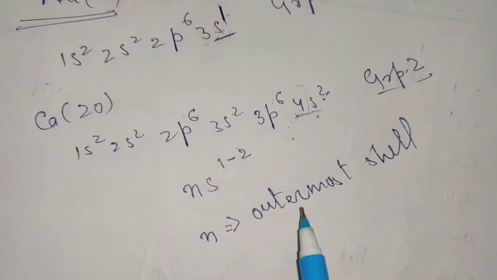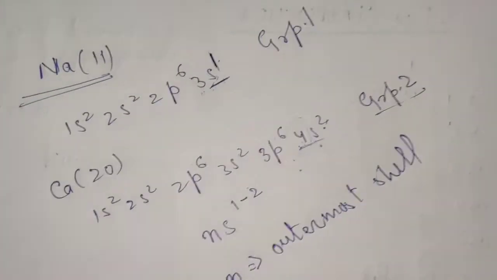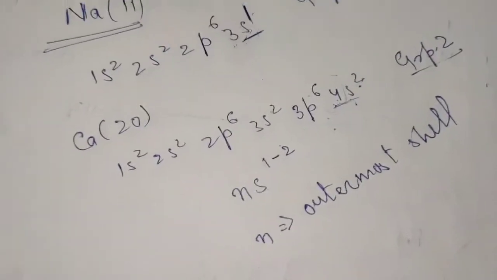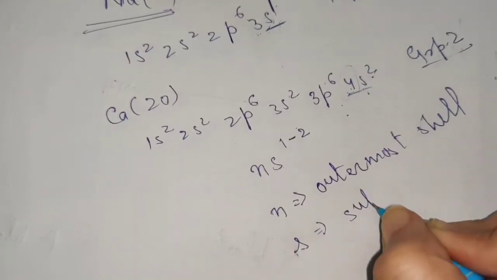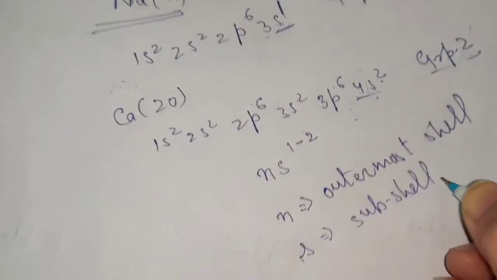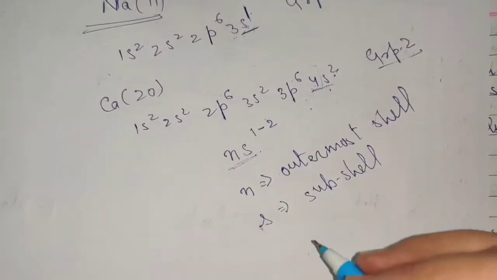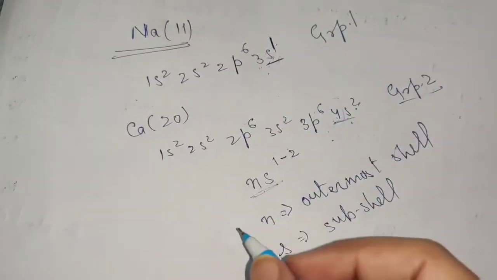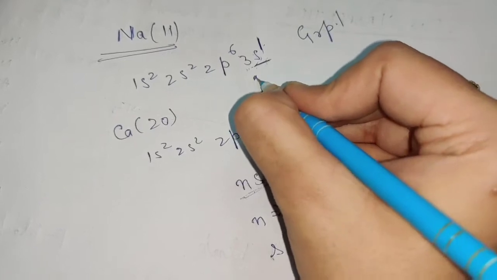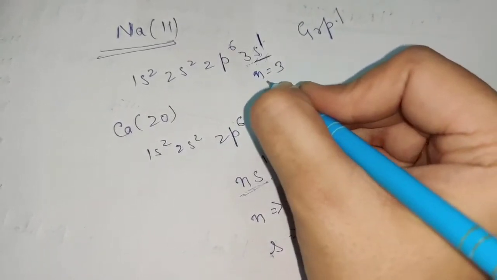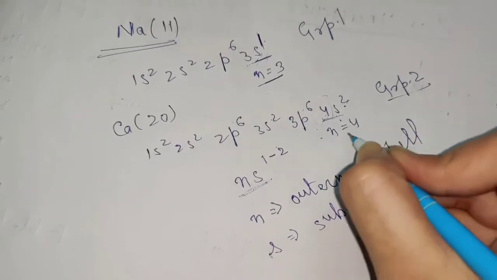n stands for the outermost shell, and s is the subshell. I hope the meaning of these two is clear. In the first case, the value of n is 3, and in the second case the value of n is 4.